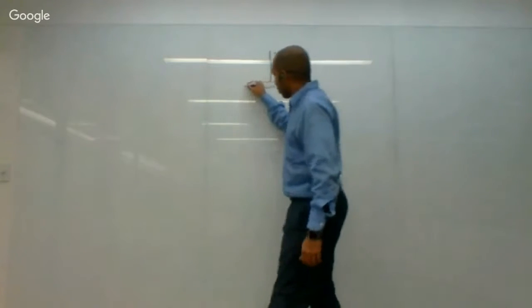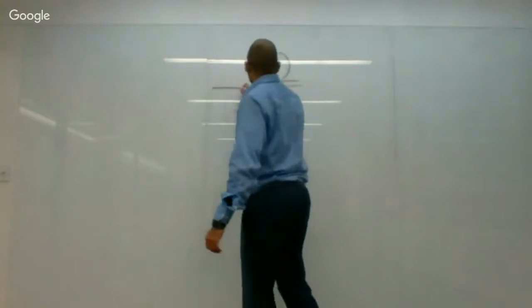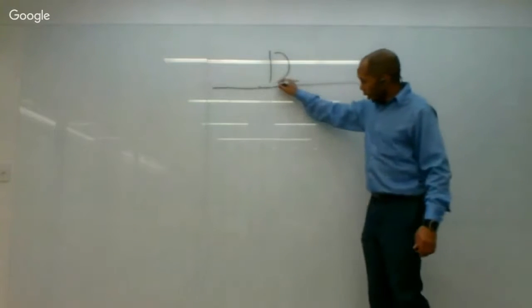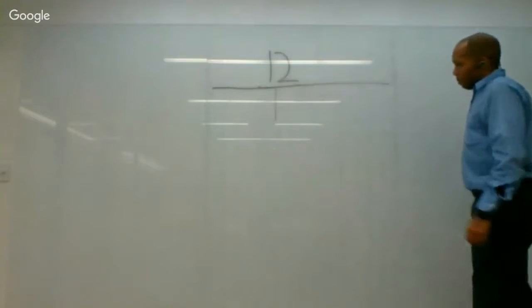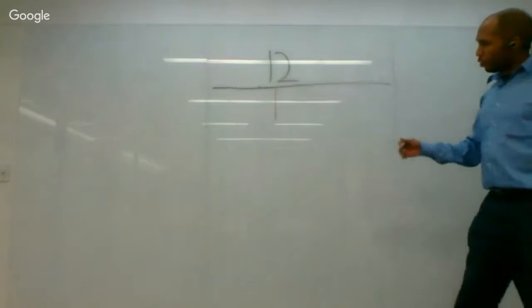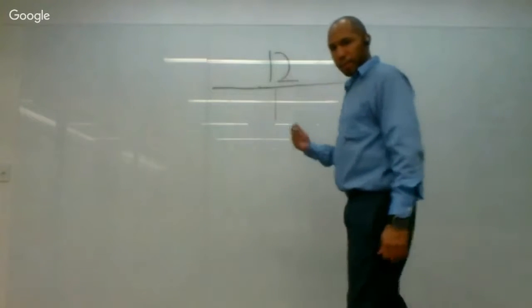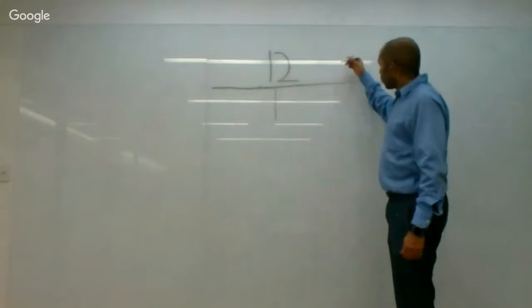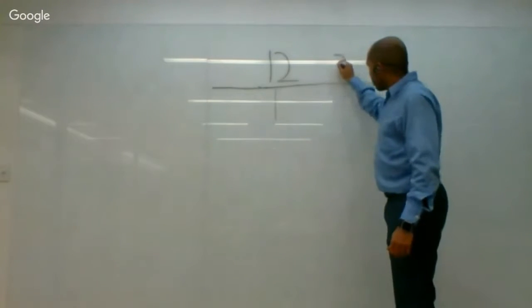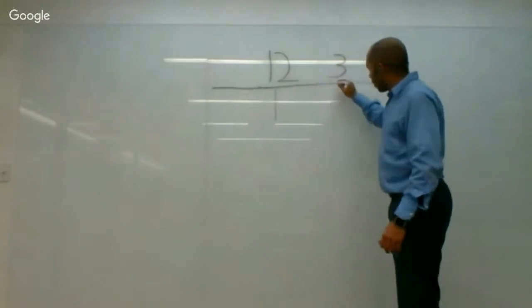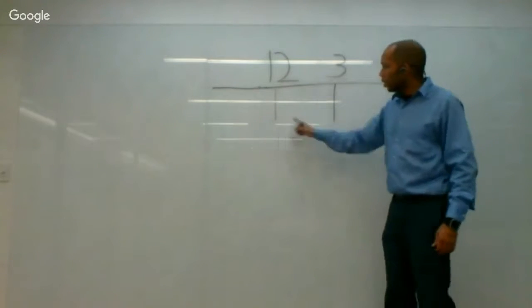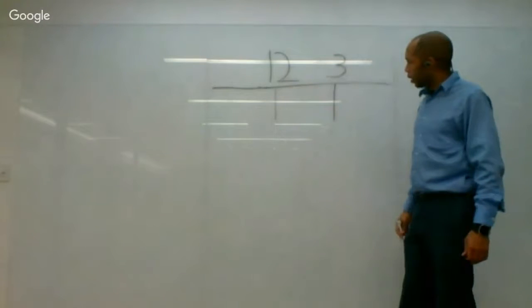Let's make a little timeline. That is the current time. Now we want the user to enter a time in the future. Let's say the user enters 3 p.m. and we want to know the difference between these two times.